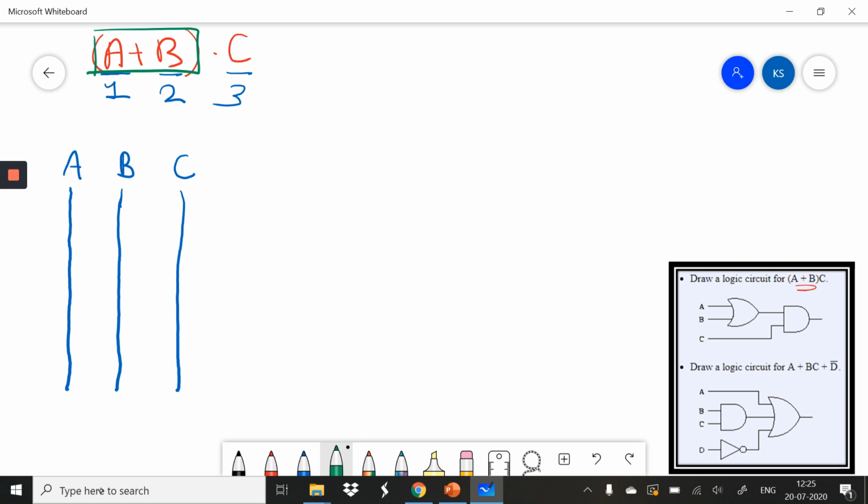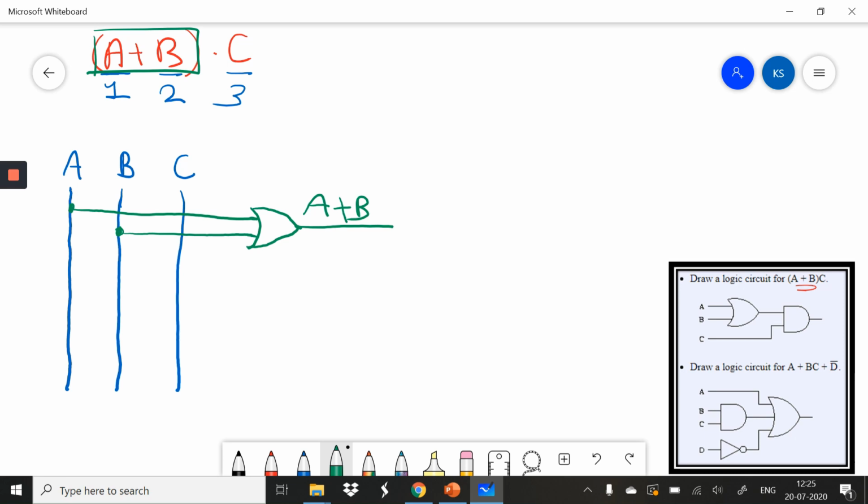So start with A, draw the line, then take B. What is the relationship between A and B? That is the OR gate, so simply draw the OR gate. Perfect, so this is my A plus B. I inputted A and B and got A plus B as my output.